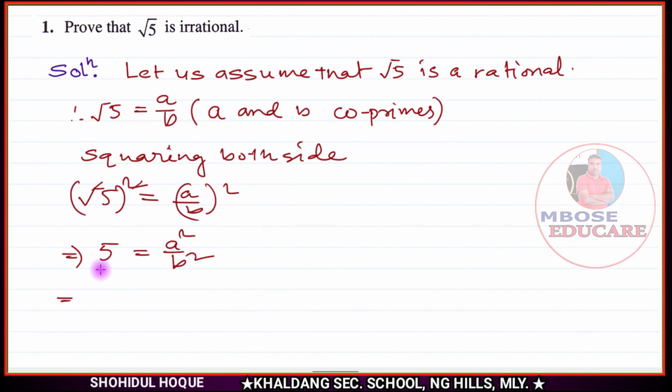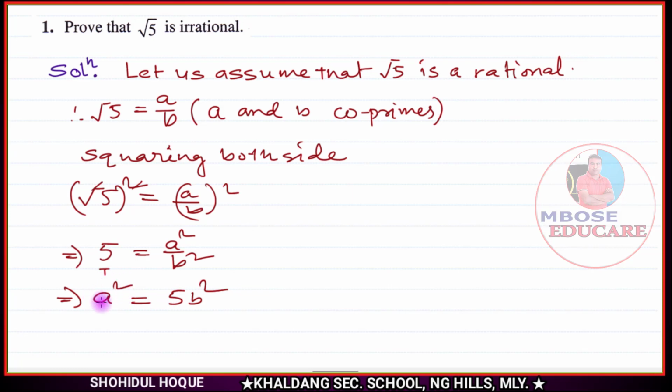Next we have to do cross multiplication to make it simple. A square and 1, then it will be a square only, and b square and 5. This is called cross multiplication. B square and 5 will be 5b square. Here we got one thing, that a square equals 5b square.